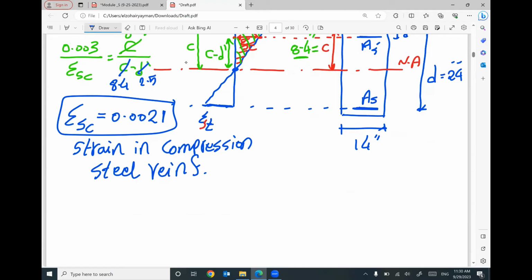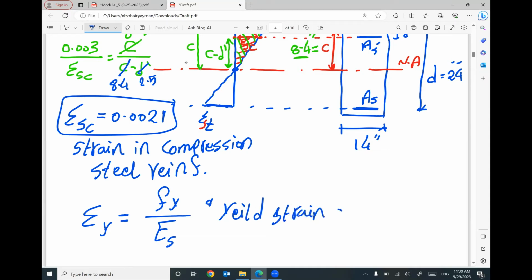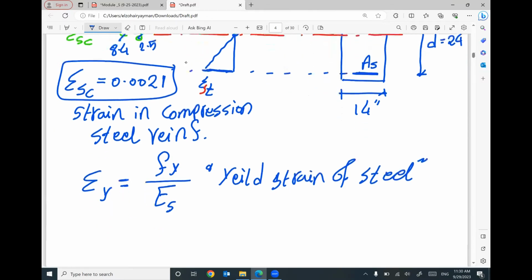We have a value called epsilon yield. If you remember, it equals F yield divided by E steel. If you go back to the previous modules, we have a value called epsilon yield, the yielding strain of steel, equal to F yield divided by E steel.